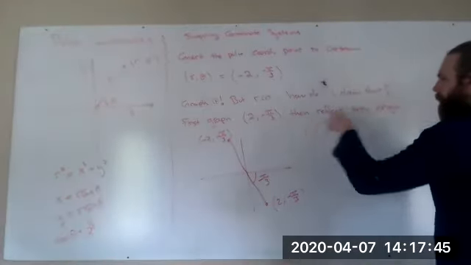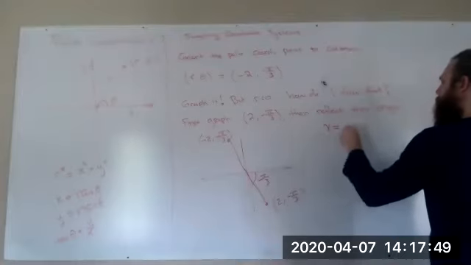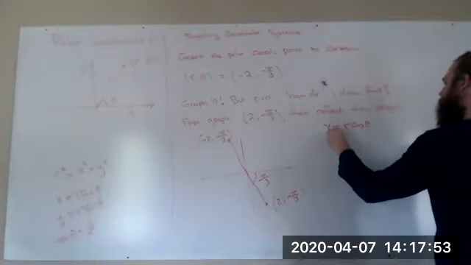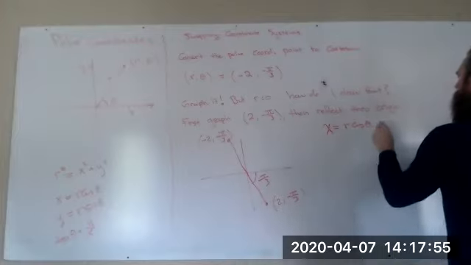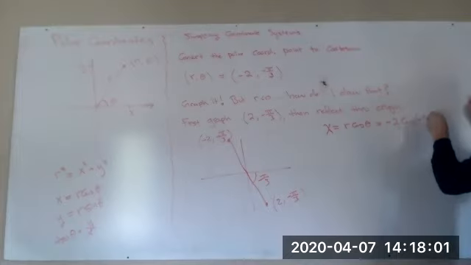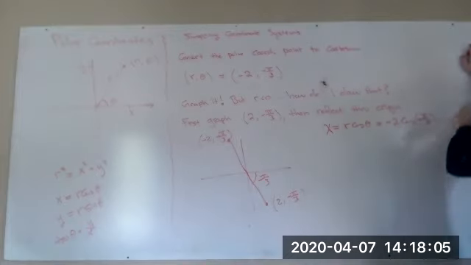Now actually finding the x and y coordinates isn't terribly bad. X is going to be r times the cosine of theta, which is negative 2 times the cosine of negative pi over 3. The cosine of negative pi over 3 is negative 1/2.